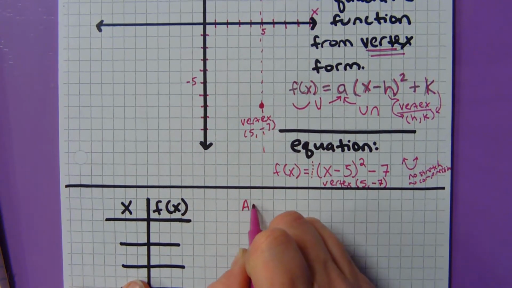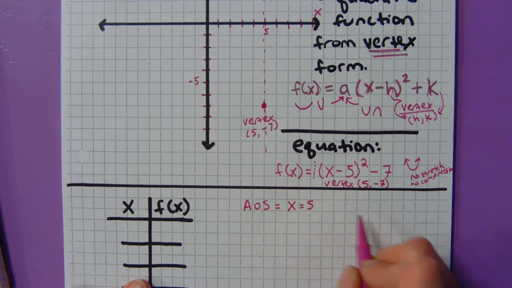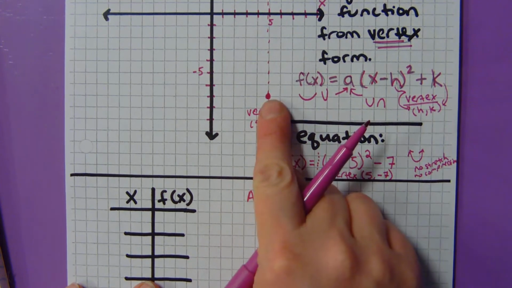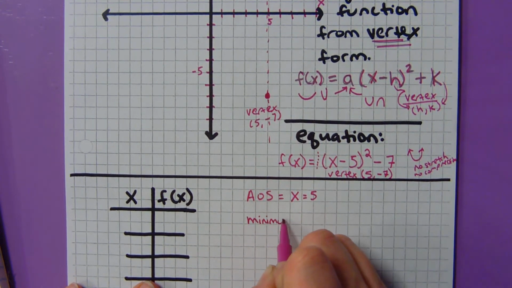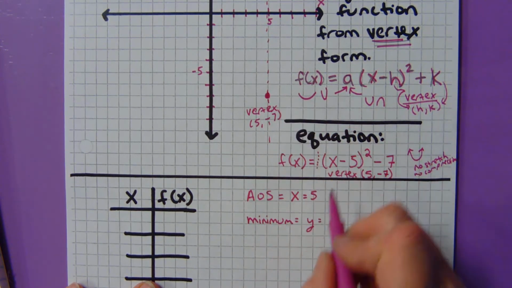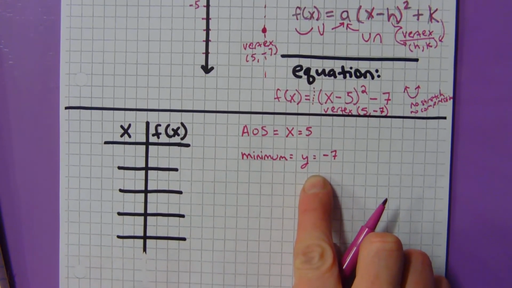So I know that my axis of symmetry is the line x equals 5. And my lowest y value, my minimum, is going to be y equals -7, and that's going to come back for my range.